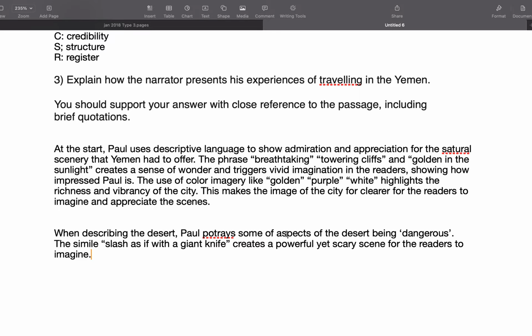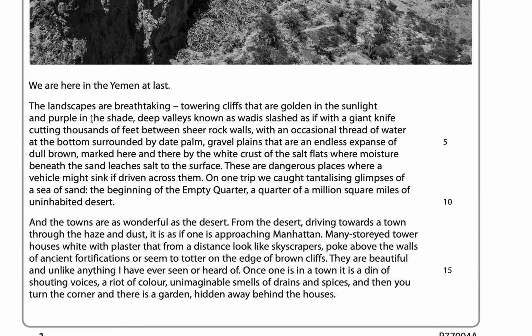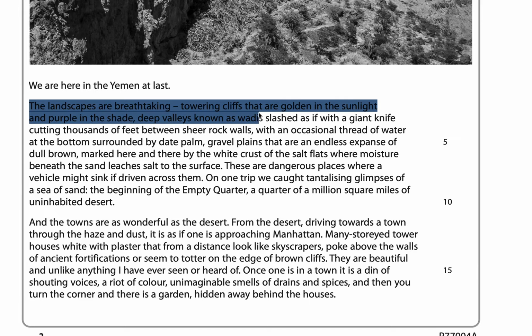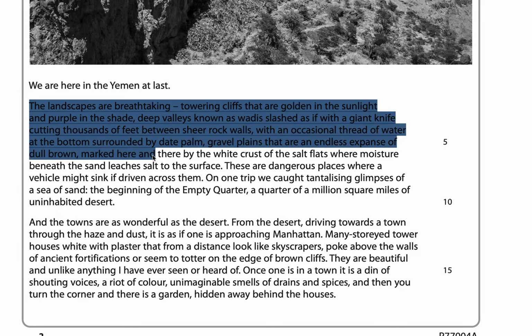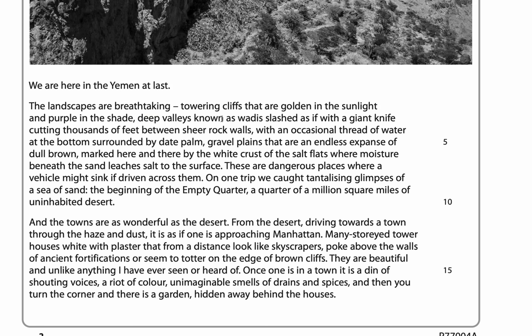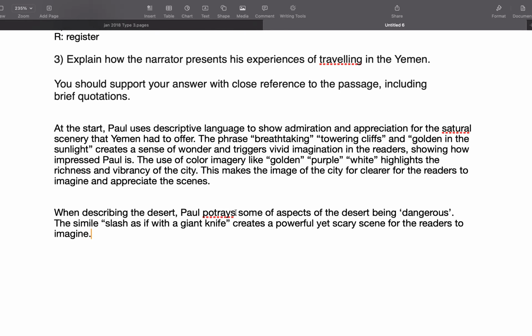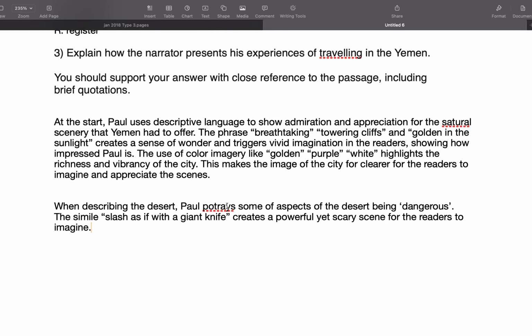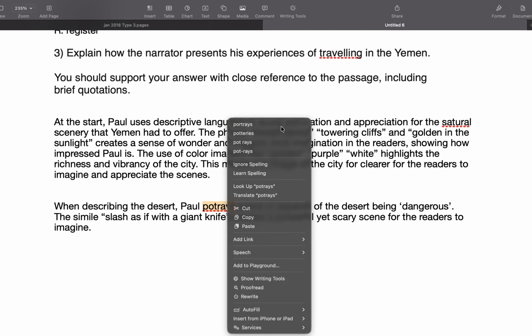What does it do? This is actually a type of contrast, because a moment earlier the writer was describing the scenes as beautiful, like some sort of paradise, and all of a sudden there are rocks cutting in halves and falling from who knows where. This is a contrast, and again it shows that nature is beautiful yet scary at the same time. Some aspects of nature are beautiful and alluring, some are petrifying. That's what he's doing here.